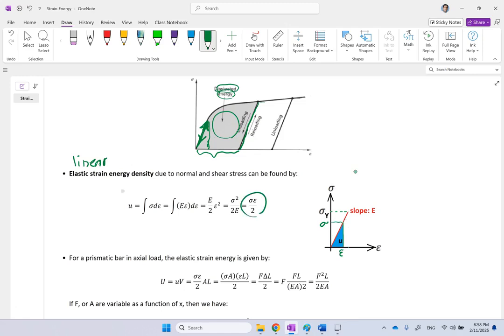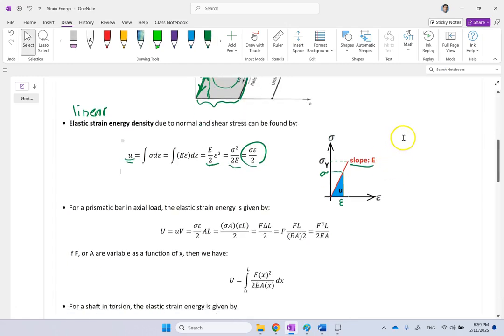So it's sigma epsilon over 2. Or you can write it as sigma squared over 2E, or E times epsilon squared over 2, because the slope of this line is E. So in the linear elastic region, the strain energy density is a very simple formula.